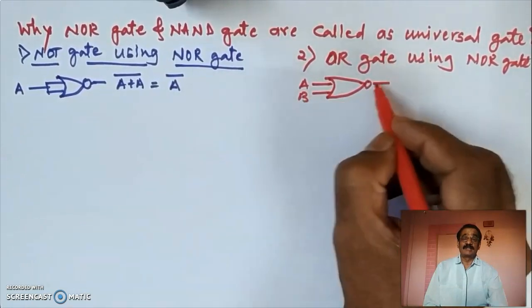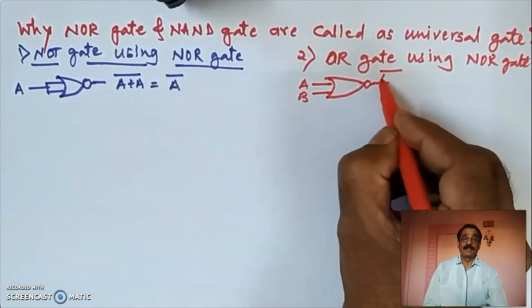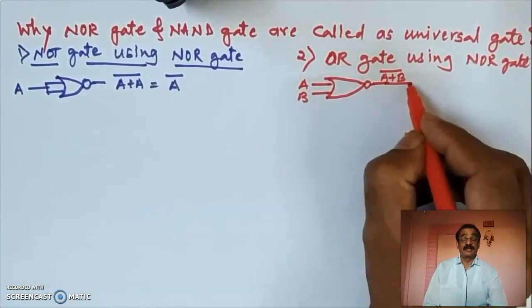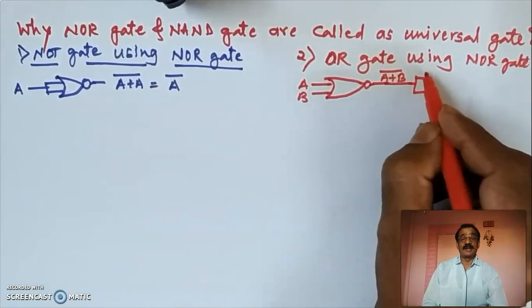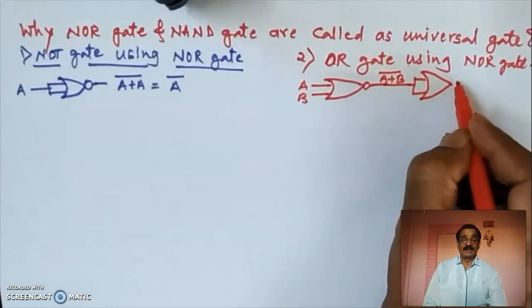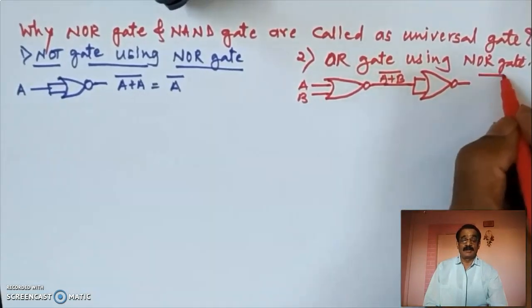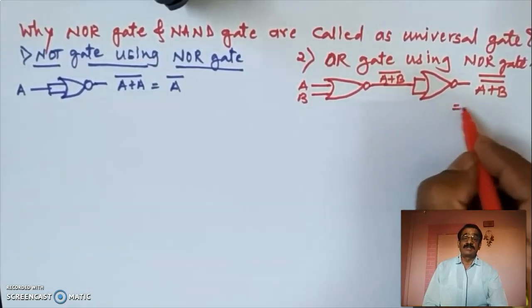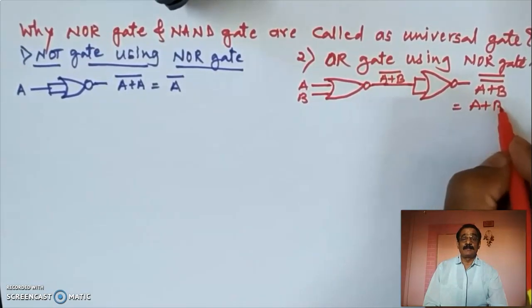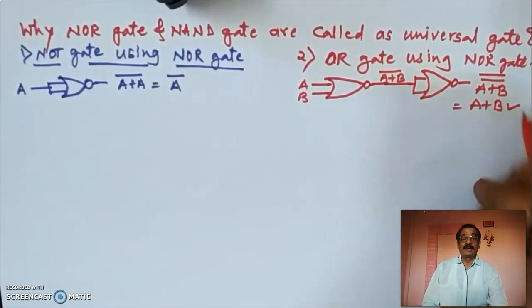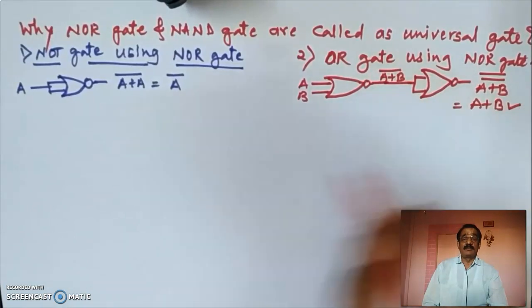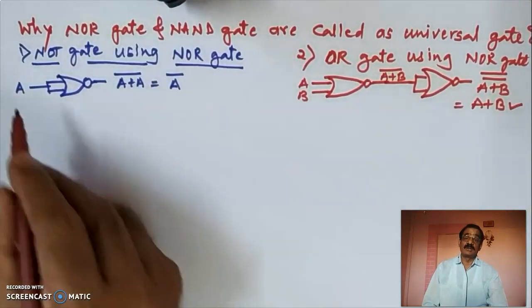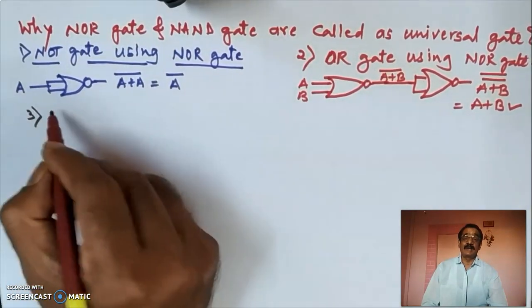So its output is complement of A plus B. Then to this output connect a NOT gate made using the NOR gate. Two inputs are together and it becomes a NOT gate. So its output is double complement of A plus B. Then the complement gets cancelled and we get the output A plus B, which is the Boolean equation of the OR gate. It means it is the OR gate.